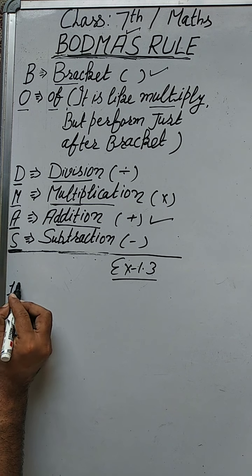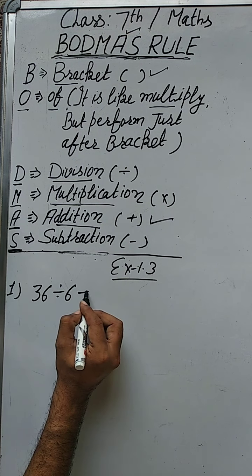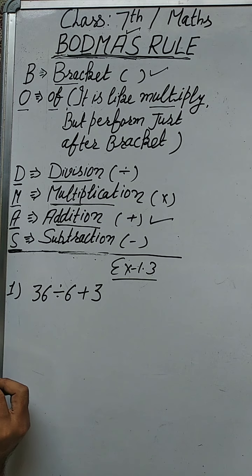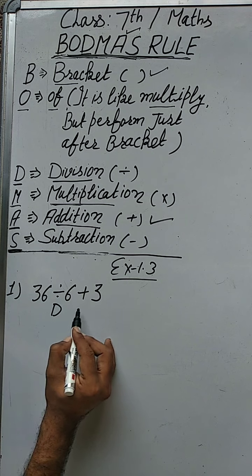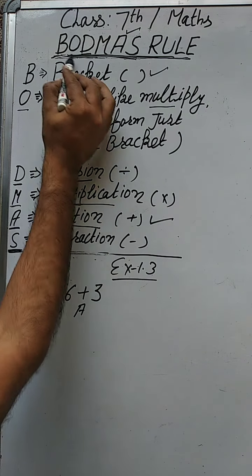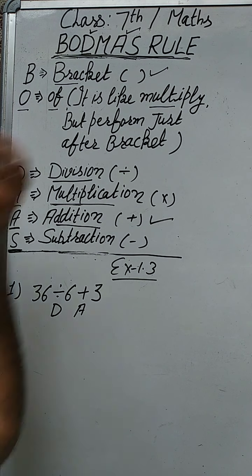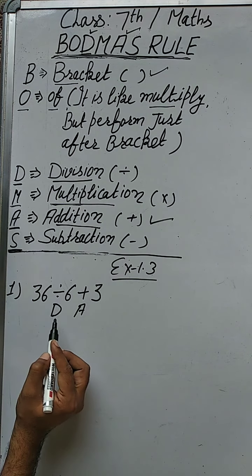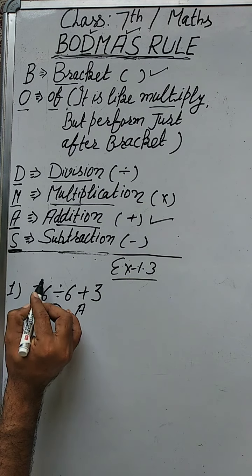Question first. 36 divided by 6 plus 3. Now beta look here. There are two operators, division and addition. Which letter comes first in the word? D comes first, then A. So you have to perform division first.